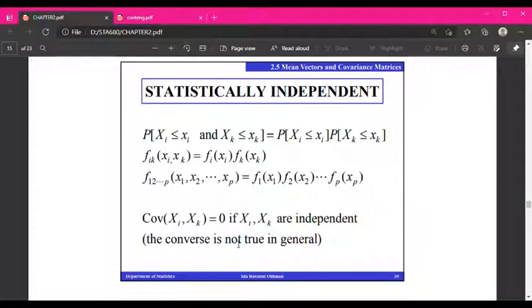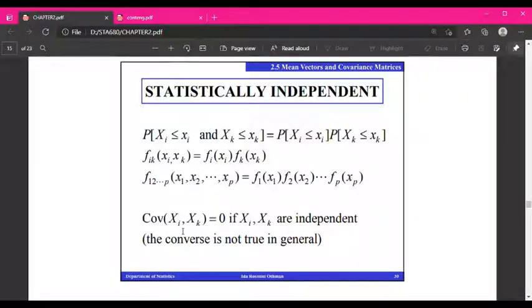I will show that shortly. Now, this is statistical independence. Two random variables are said to be statistically independent if they satisfy this equation: the joint PDF of x1 and xk equals the function of x1 multiplied by the function of xk. We will call them xi and xk. Here xi and xk are statistically independent because they fulfill this equation.